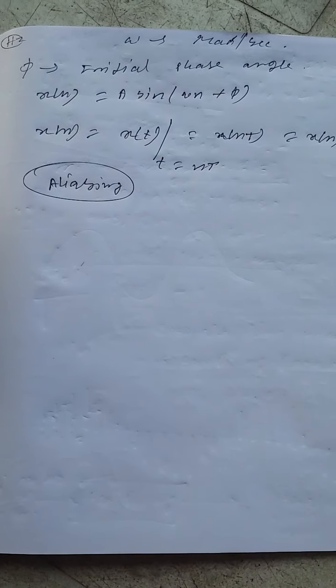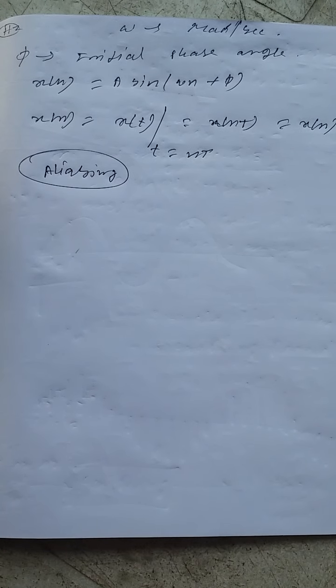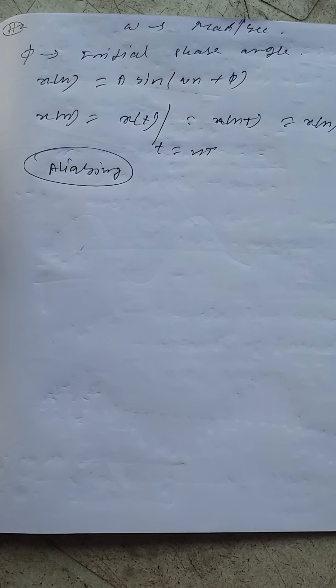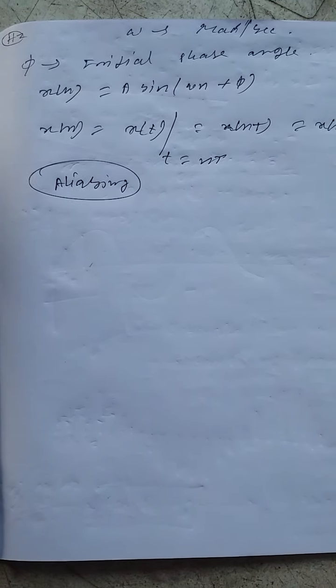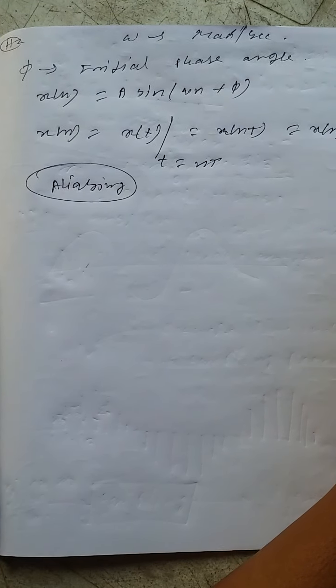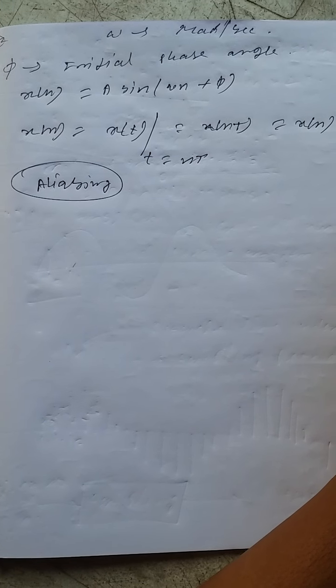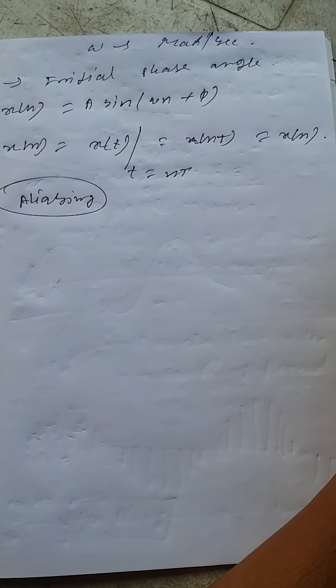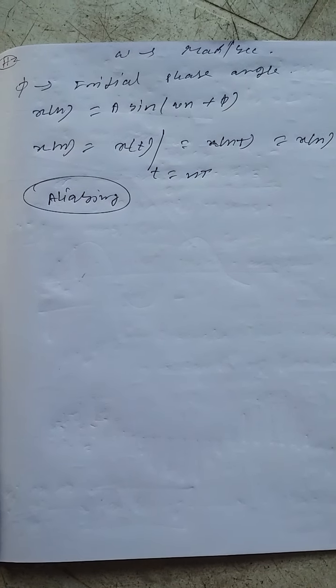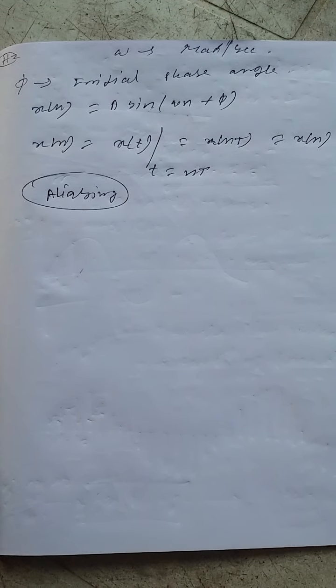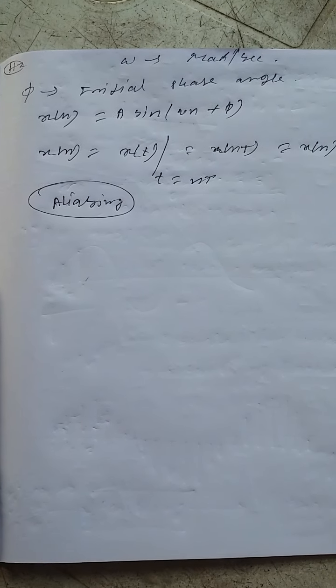If one sample overlaps with other identical samples, then we cannot identify the different types of samples. That is a problem when we recover the original signal from the discrete time signal. So that problem is known as aliasing. Aliasing will be described thoroughly in your last chapter.